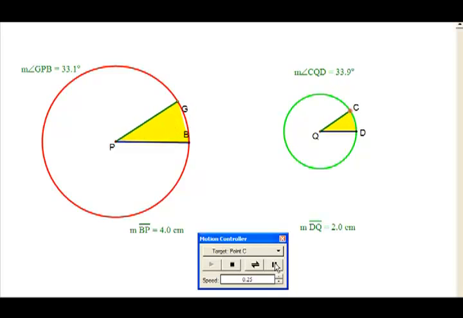Again, if I pause this at some point close to roughly the same angled measurement or degree measurement that point has passed through for both. And again, a little bit past 90 degrees for both of these.